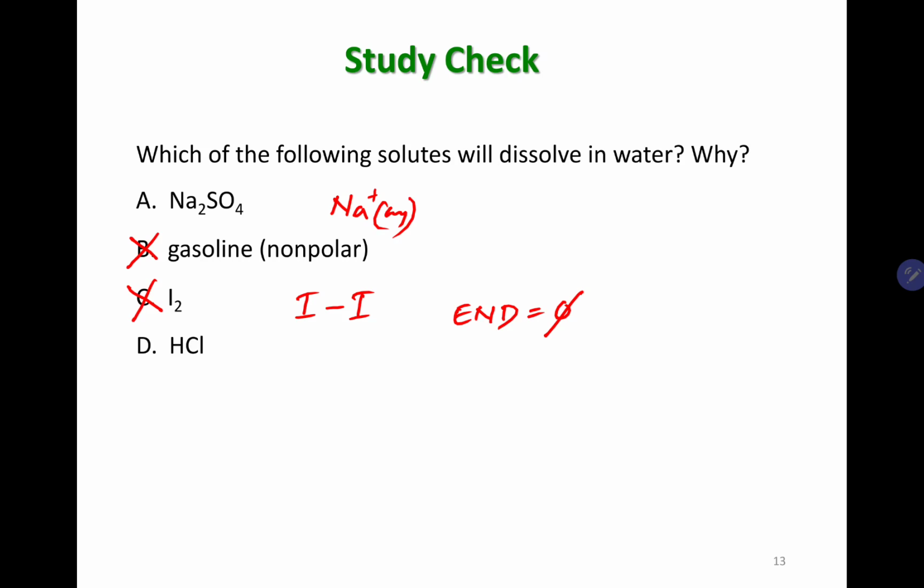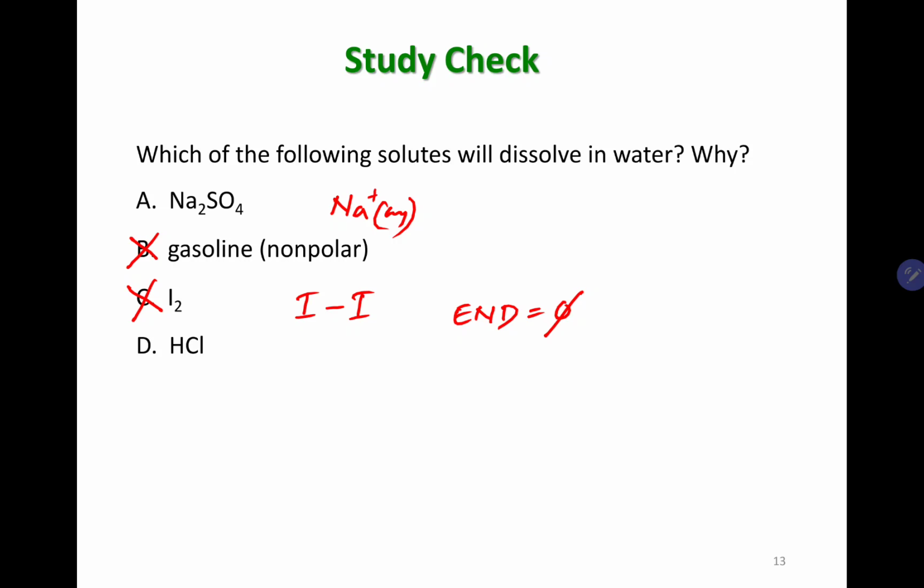HCl is a polar molecule. How do you know that? Chlorine has a high electronegativity and hydrogen has an average electronegativity. I don't remember the electronegativity values exactly, but chlorine has the third highest electronegativity, and hydrogen is 2.1.